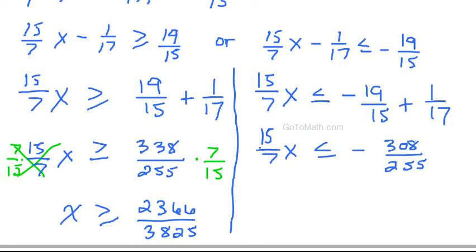And then, once again, we'll multiply both sides by 7 over 15. And so 308 times 7 is some big number divided by 255 times 15.